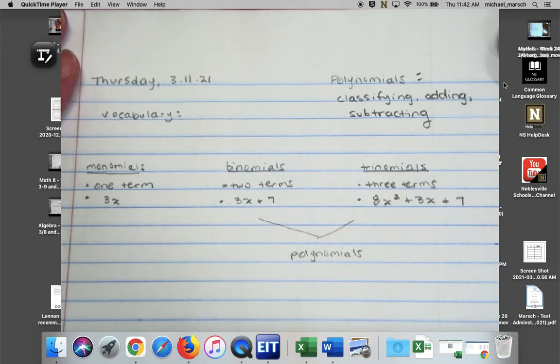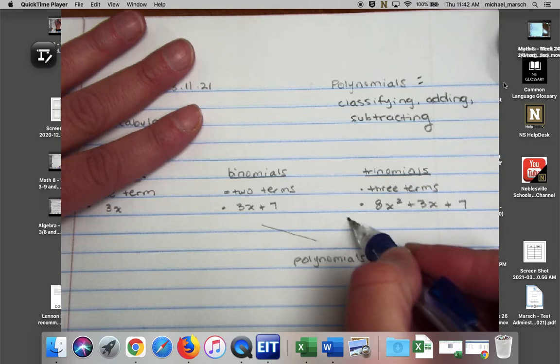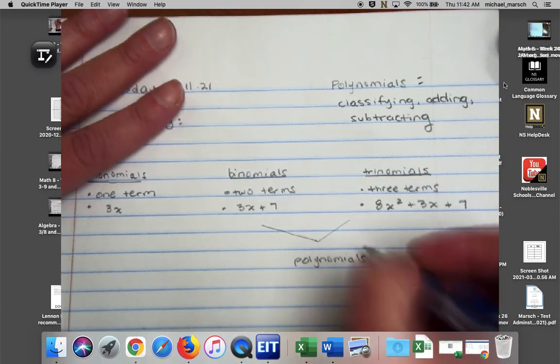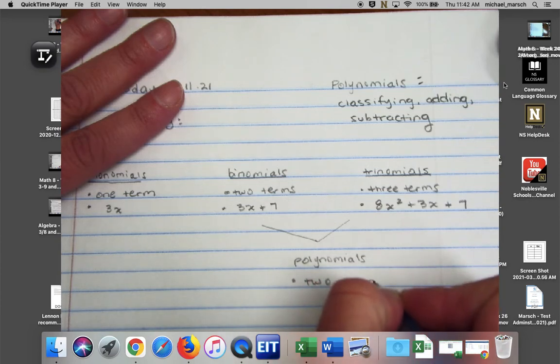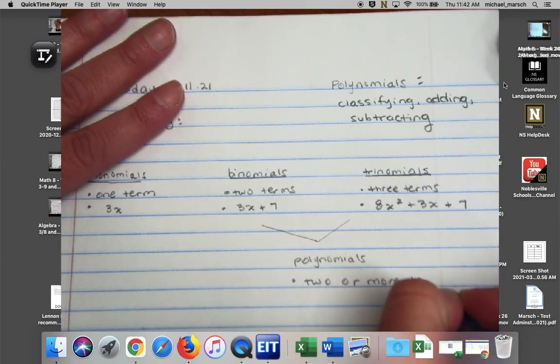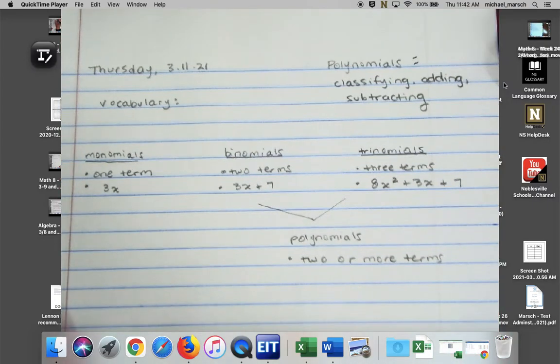You won't hear people often say binomial or trinomial, but I still need you to know the language. And this is just 2 or more terms. So it could be 2, 3, 4, 12, right?